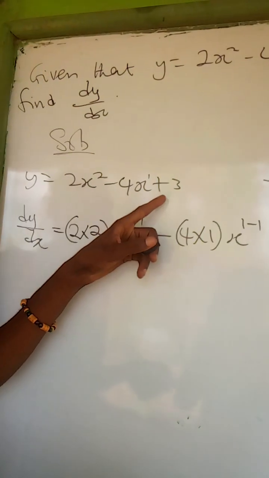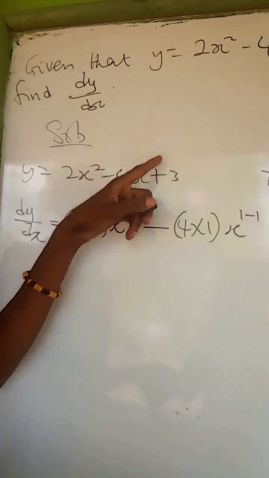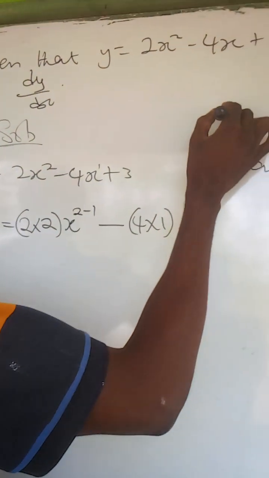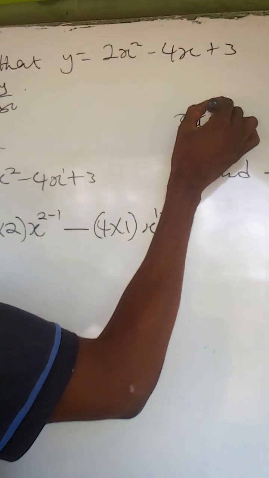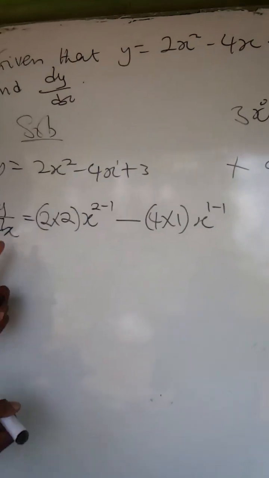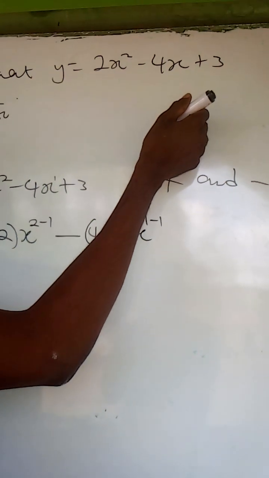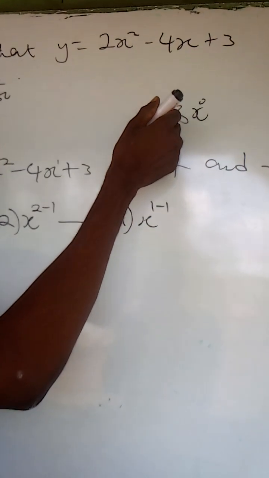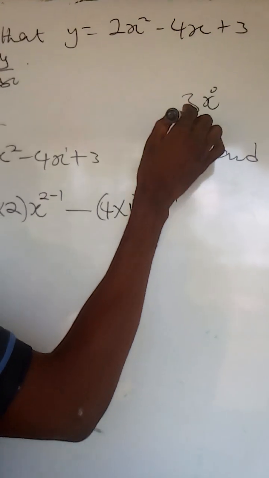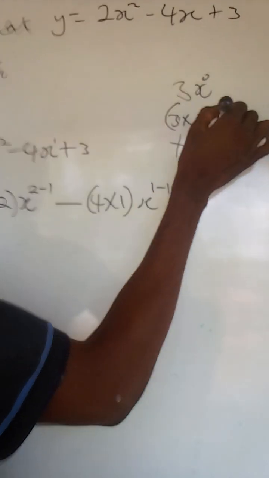Now, to explain why when we differentiate a constant, the result is always 0: assuming we had 3x raised to the power 0, based on our principle of differentiation, we have to multiply the exponent, which is 0, by the coefficient, which is 3. So it will be 3 multiplied by 0. Then we bring our variable.